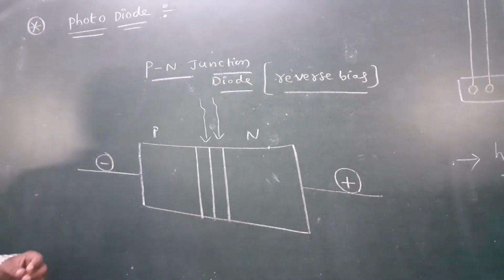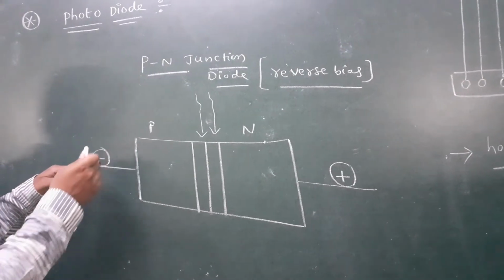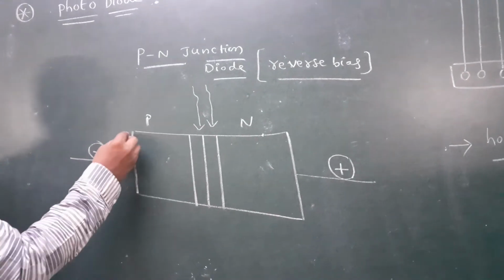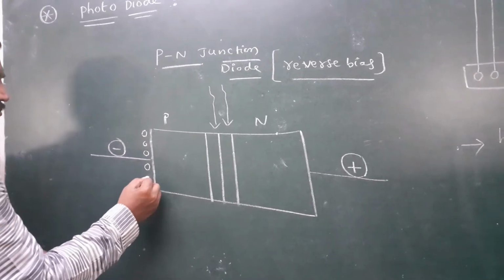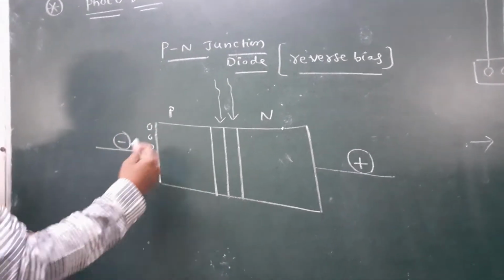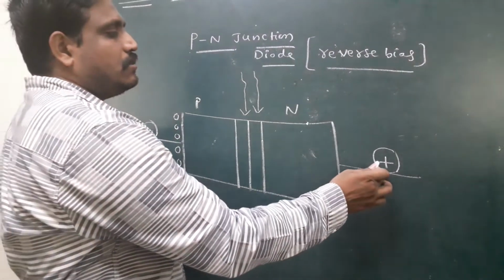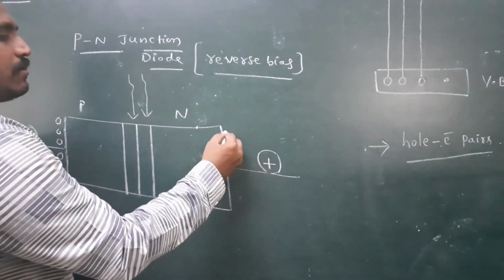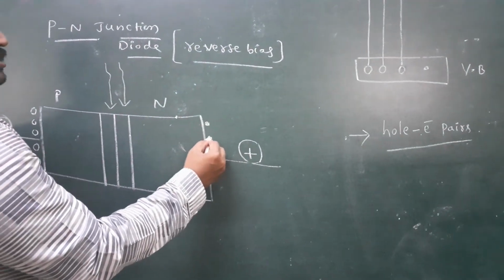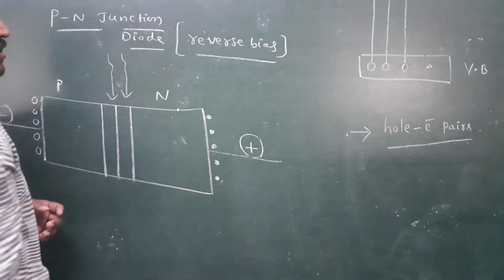Reverse bias. The negative terminal attracts the holes, because a hole is a positive charge, so holes reach the back side of the P. The positive terminal attracts the electrons, so electrons reach the front side of the N type.